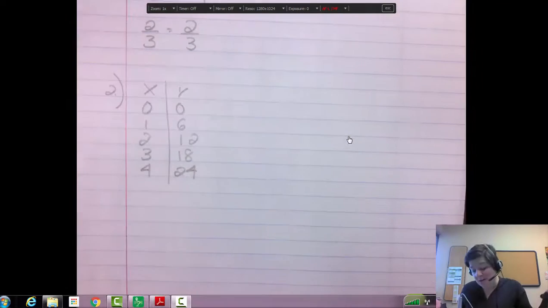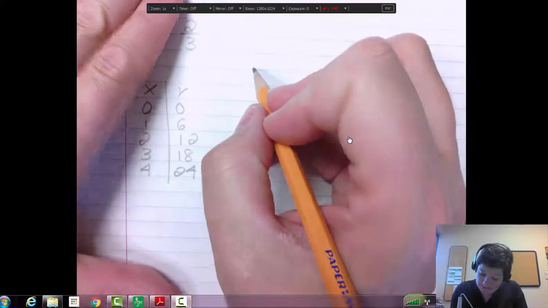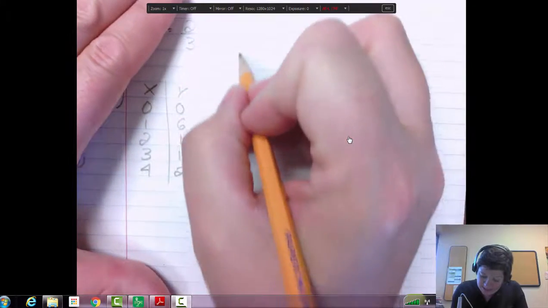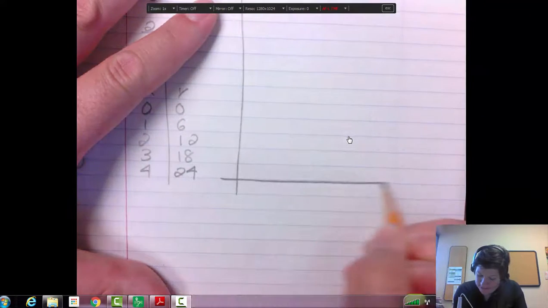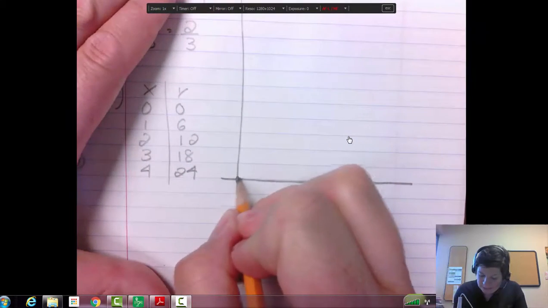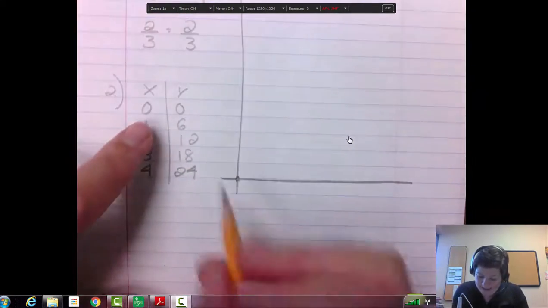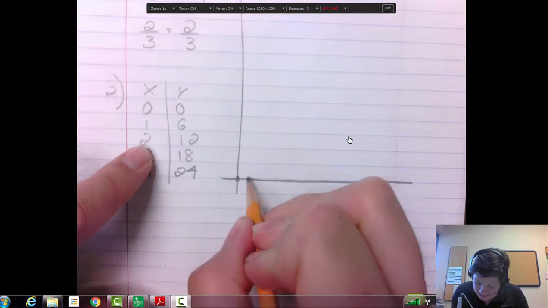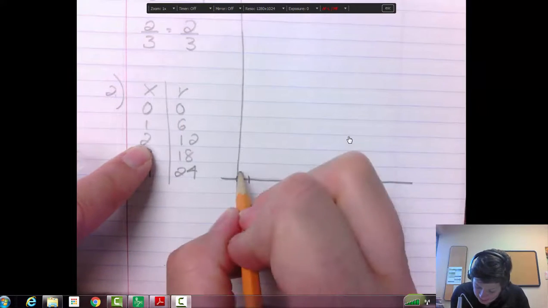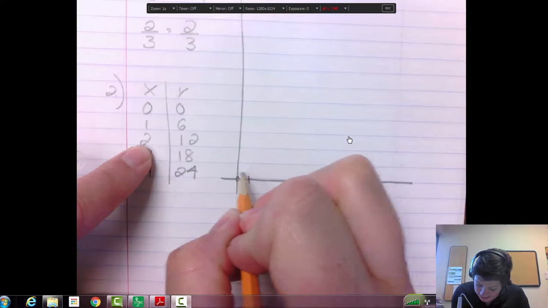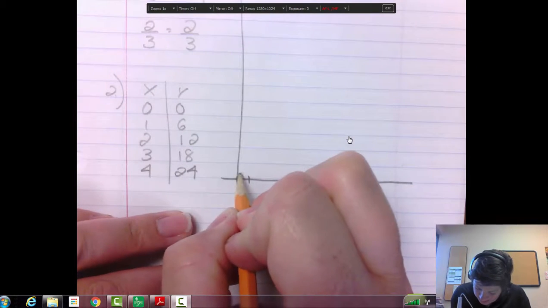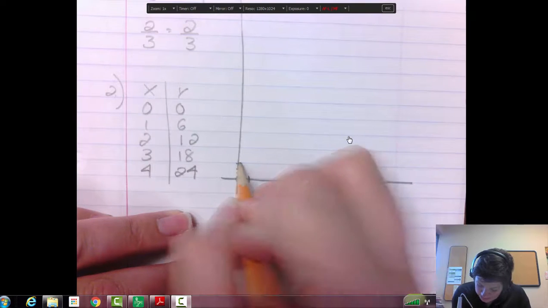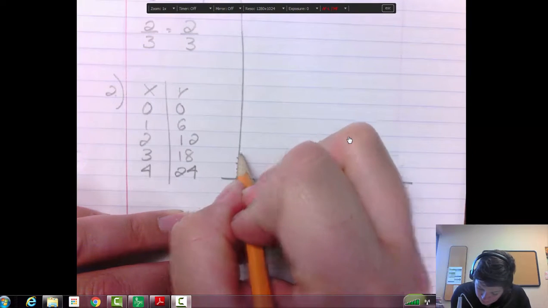All right, so let's start with the graph because that'll tell us if it's proportional. I didn't feel like getting out a ruler. Here is our point 0, 0. Okay, so we have that point 0, 0, then 1, 6. I'm going to have to count by big numbers here, so maybe I'll go 1, 2, 3, 4, 5, 6.